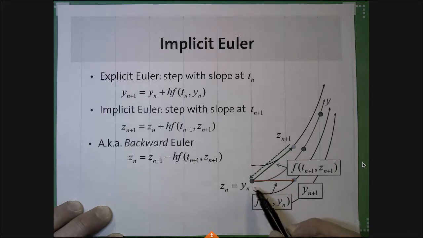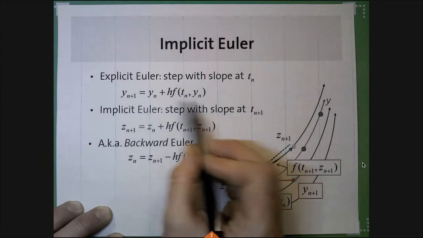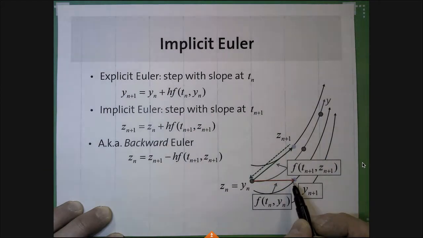Let's see if I can explain it better using this picture. If we are here, if this is t and yn, explicit Euler just computes the slope here and takes a step there. That's why it's called explicit, by the way.